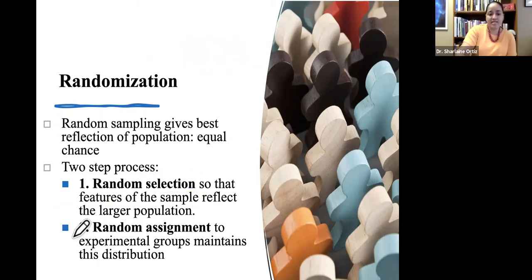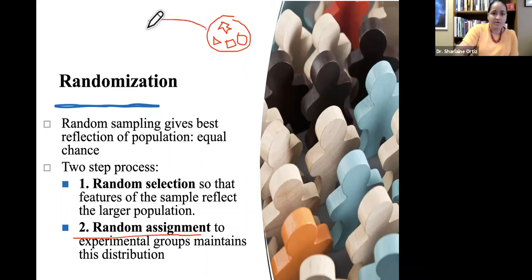Not only that, my second step would be random assignment. So now that I have my little sample of all of Happy College, and I consider that this is a representative sample, and there are statistical ways to infer this, I want to make sure that when they are part of my study, I also assign them to the groups.